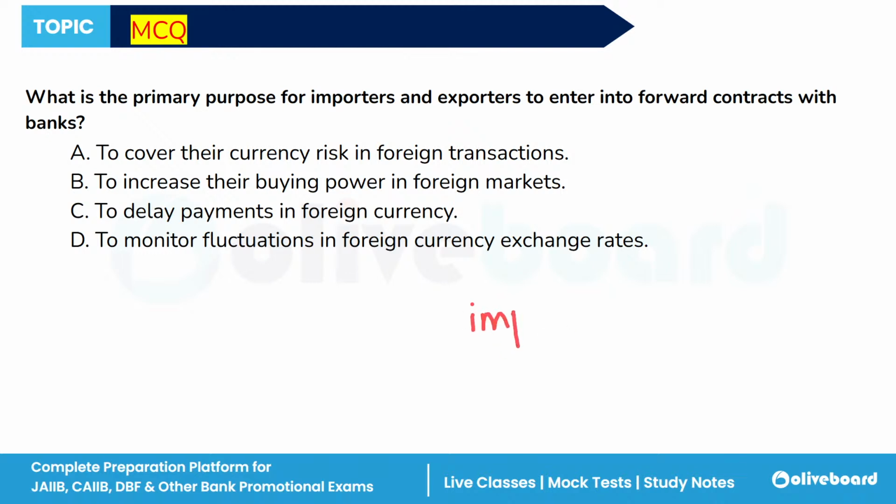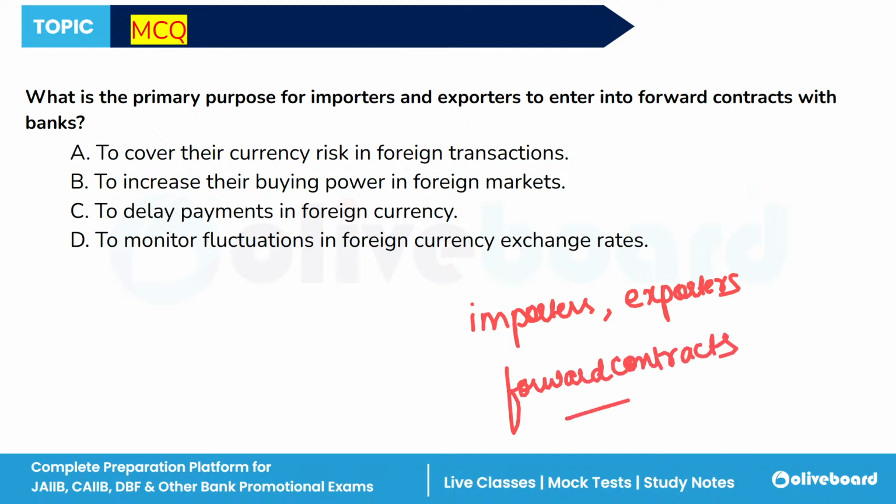Customers, that is importers, exporters, and some others who expect payments or receipts in foreign currency, can cover their currency risk by entering into forward contracts with their respective banks. So the first option is correct, to cover their currency risk in foreign transactions.